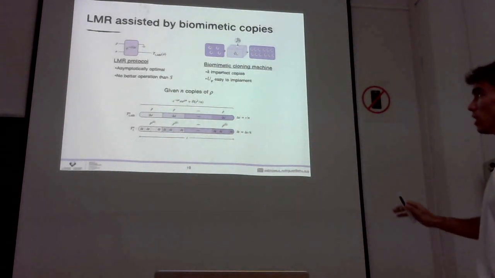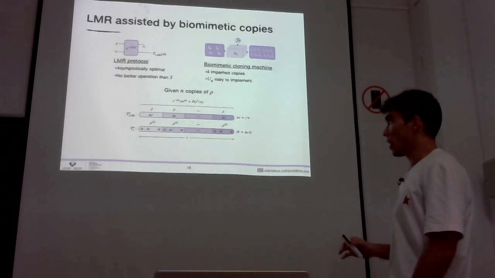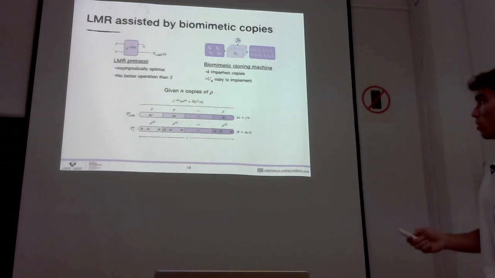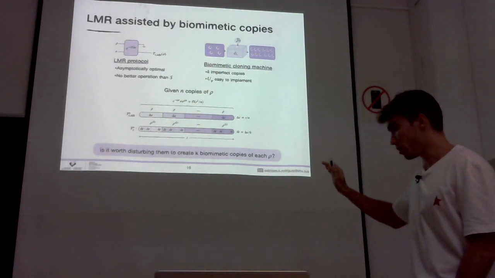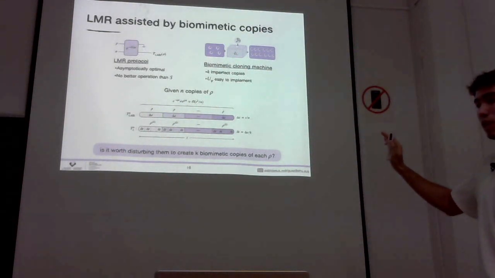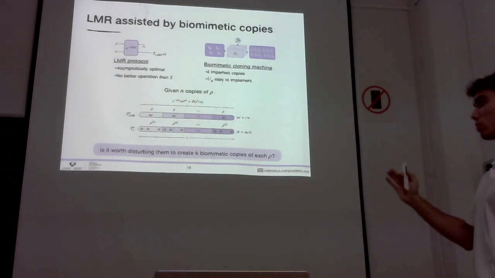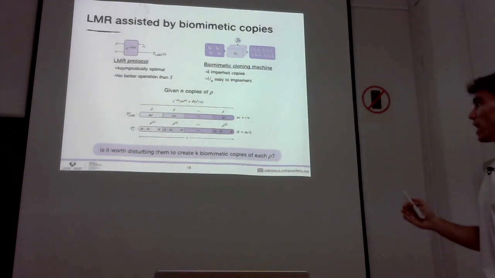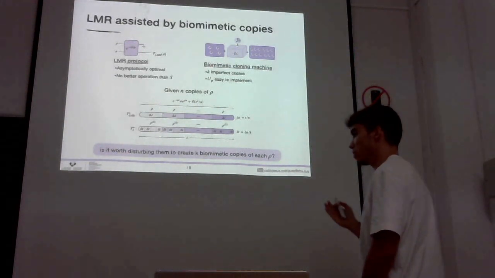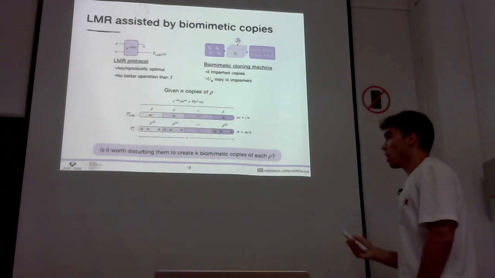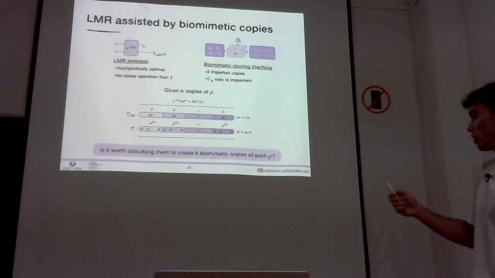So we are splitting the time intervals now using these biomimetic copies. So this is the main question. Is it worth disturbing the original copies, which are somehow perfect, to create chi biomimetic copies from each rho? This could lead to better results, or I could just be obtaining worse results doing this.